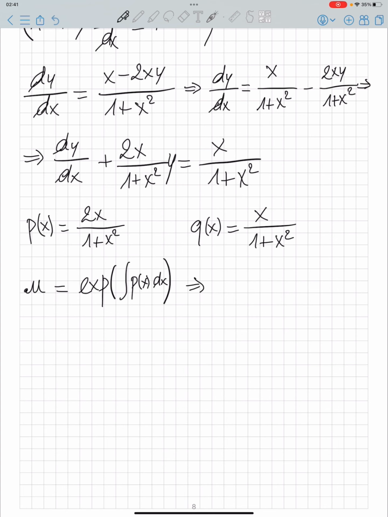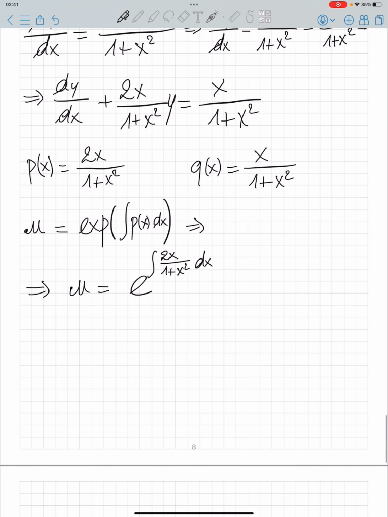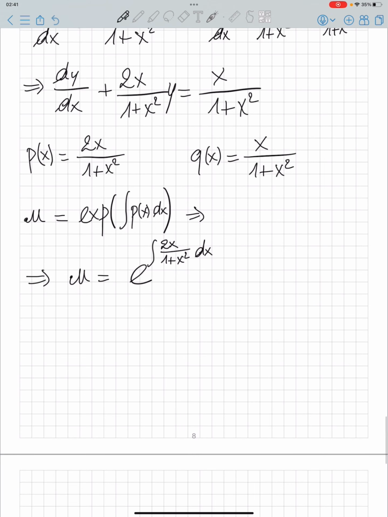So this means that in our case mu is equal to e to the power integration, and our p of x is this one here, so 2x over 1 plus x squared dx, right? So this is our mu. Now let's try to find this integration.